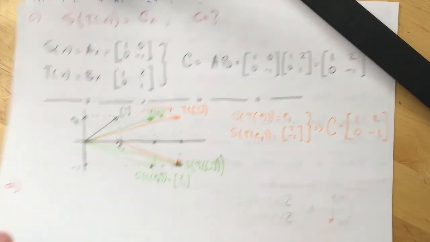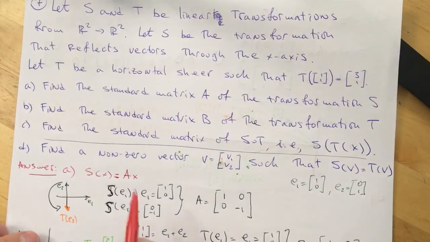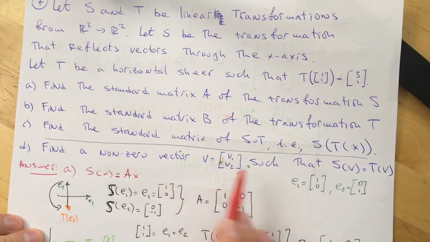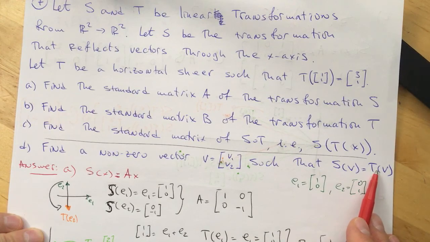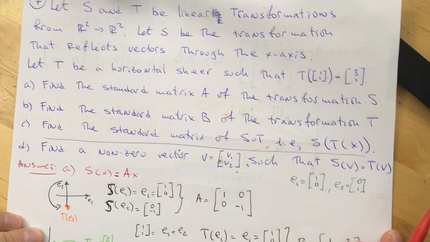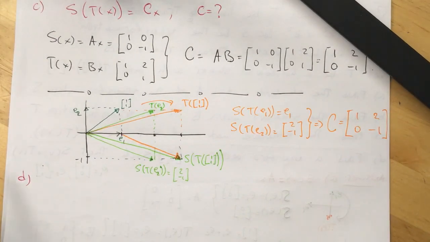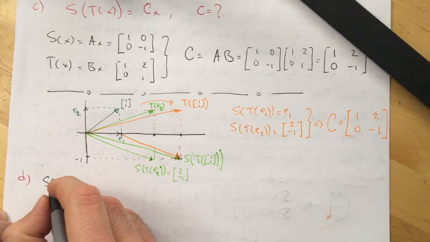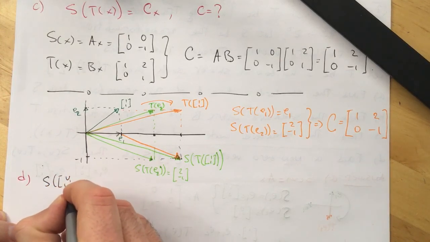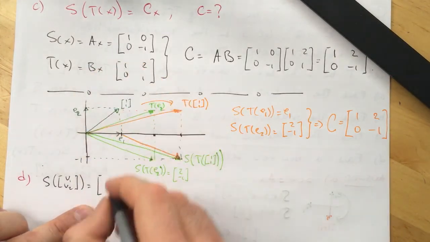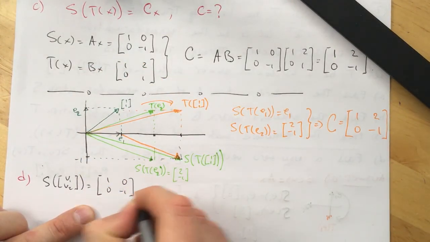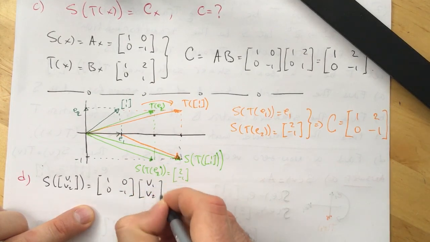And problem D was: find a non-zero vector (v1, v2) such that when we apply the transformation S on it and we apply the transformation T on that vector, we get the same vector. Okay, so S of (v1, v2) is equal to the standard matrix of transformation, [[1, 0], [0, -1]], times (v1, v2).